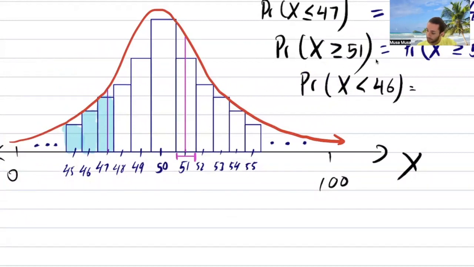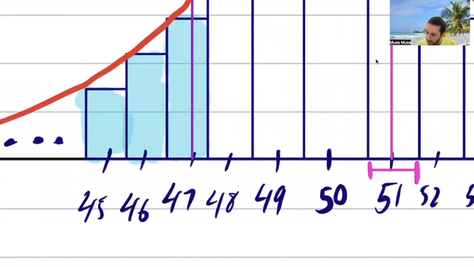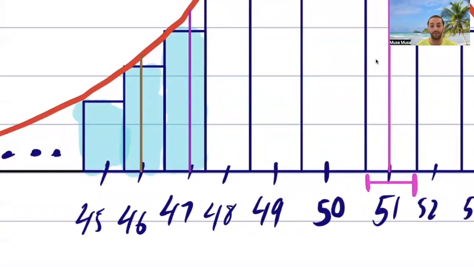If you say x is less than 46 and you use that to approximate using a continuous distribution, you'd actually be including part of the 46. So instead, you've got to move a half to the left so you can go straight to the 45, so that you only include the 45 and anything to the left. In that case, you would have to minus a half and go to 45.5.